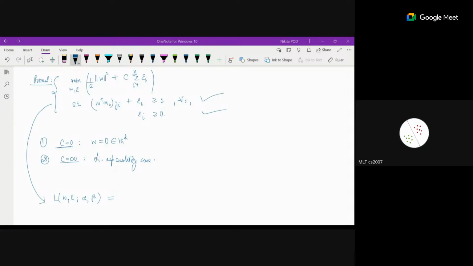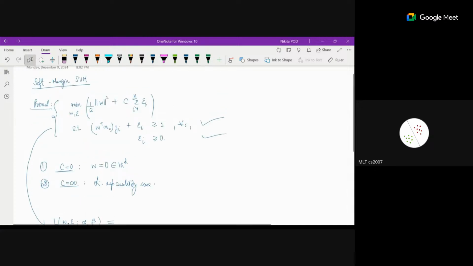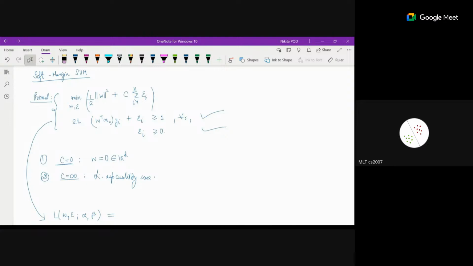If you look at this objective function, if C is infinity, then the final solution W star ideally should be infinite, but that will not give you the non-trivial solution. The only way to get a non-trivial solution was when you can ignore the second term, C times the sum over epsilon_i.